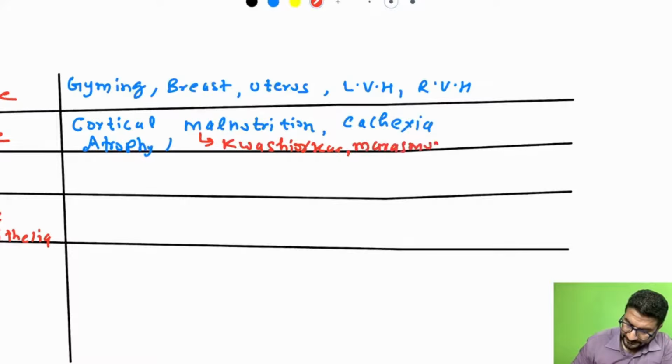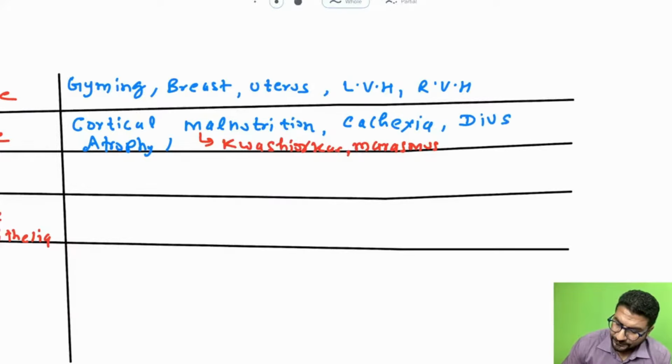Anywhere else you will see atrophy? Suppose you do not use an organ, we call this disuse atrophy. So these are the examples of atrophy.